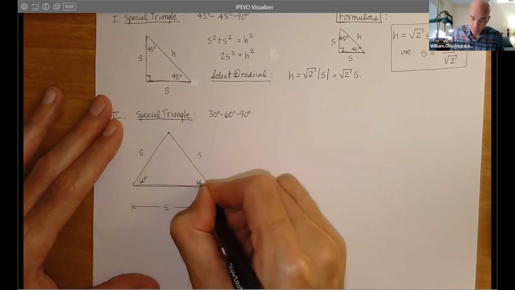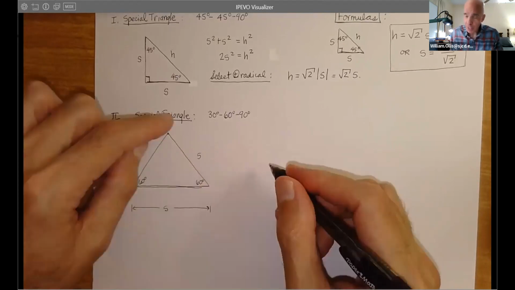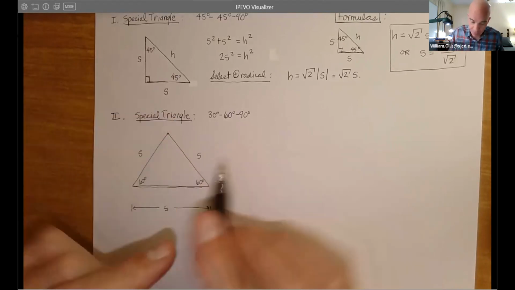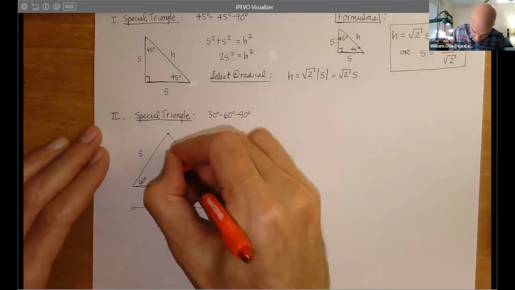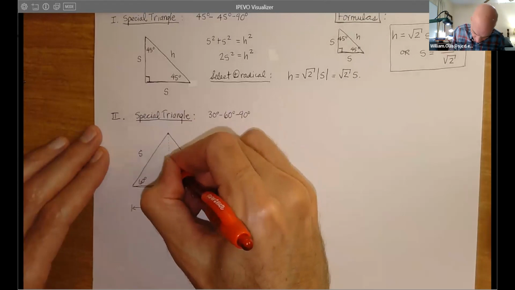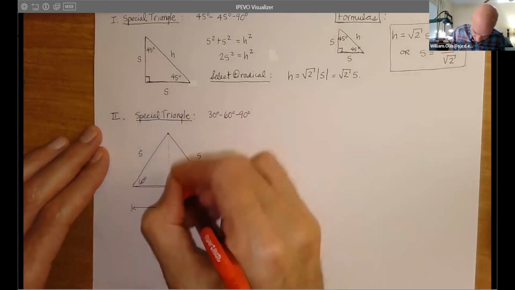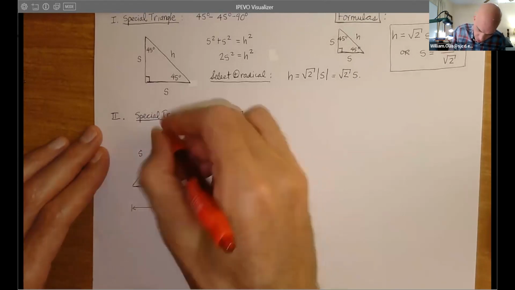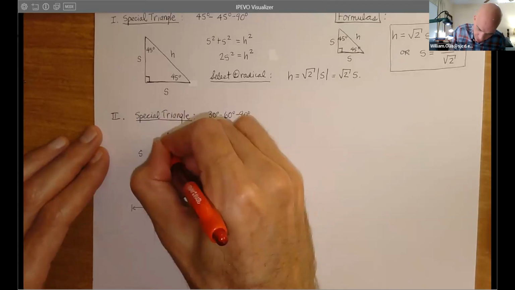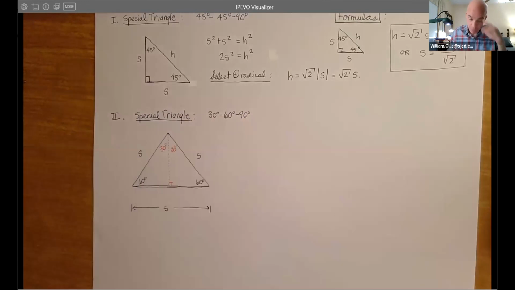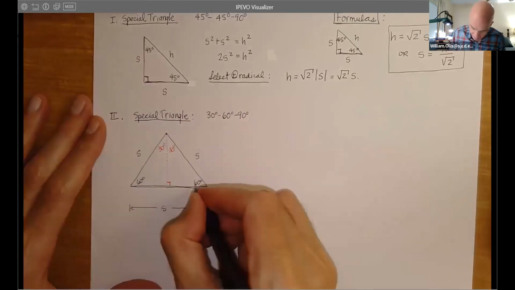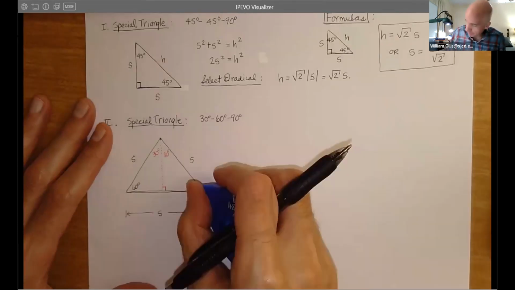Now what we're going to do is drop the perpendicular bisector from this angle. This is just a construction. And so this gives us a 30-degree angle here and a 30-degree angle here.